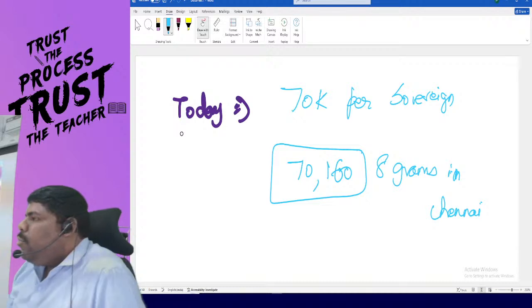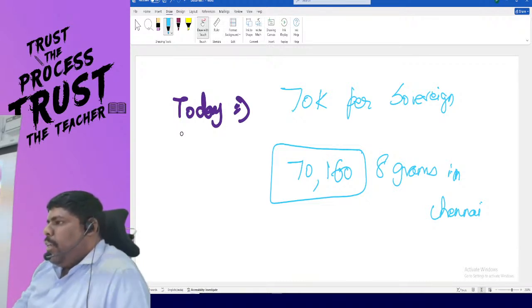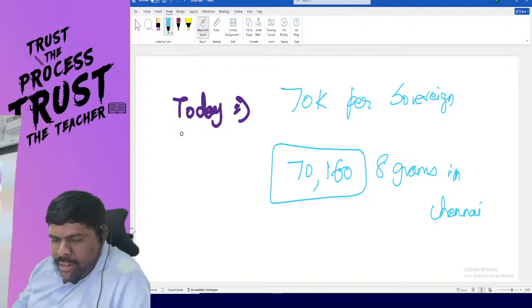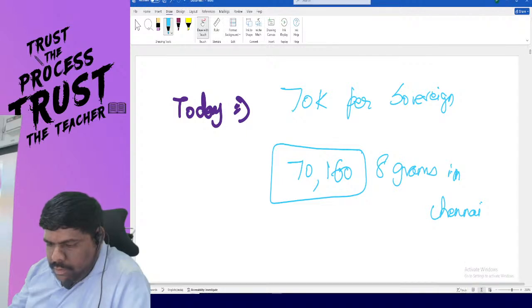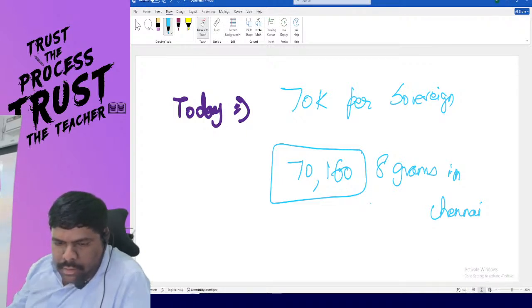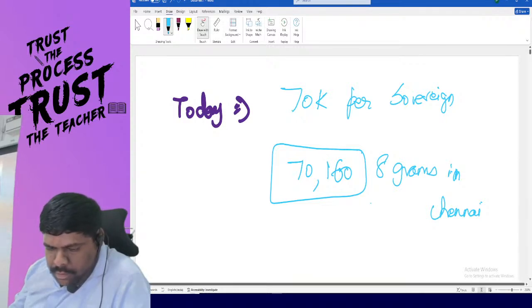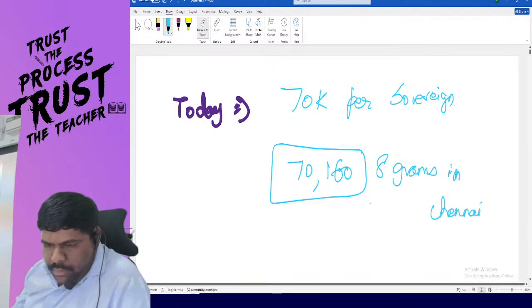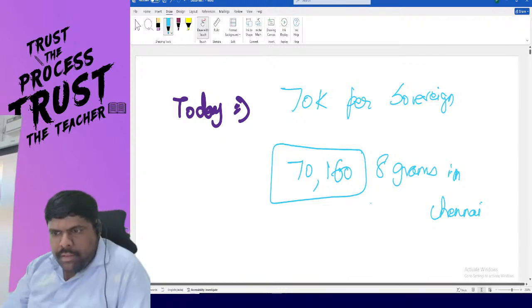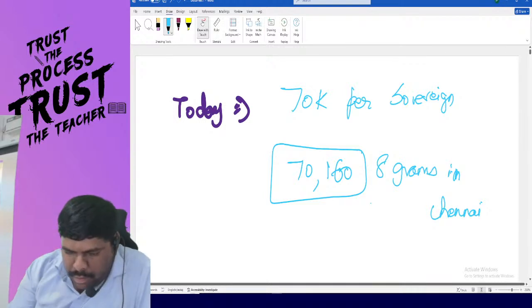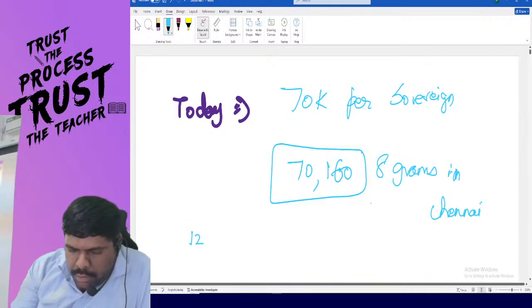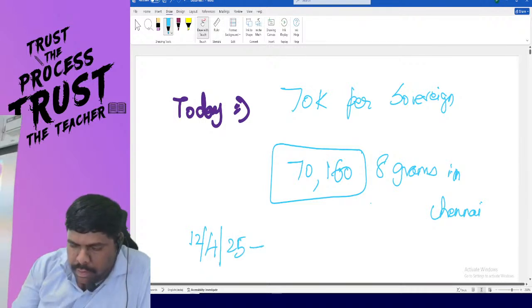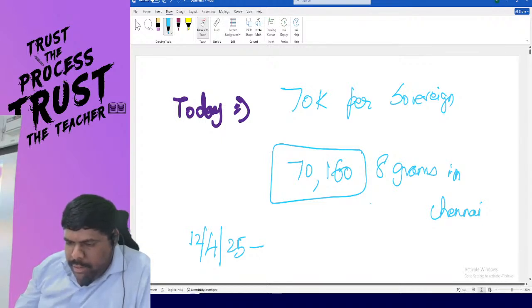Listen. See, the government might give different answers for the increase in price. What's the date today? One second. Just give me a second, wait. Today's date is 12/4/2025. Okay. One second.